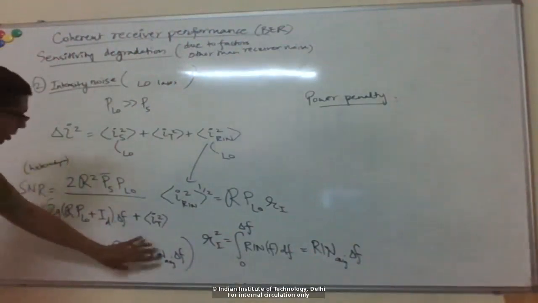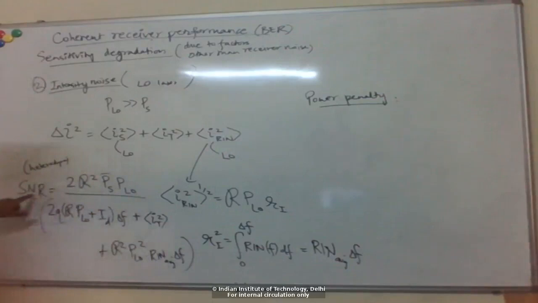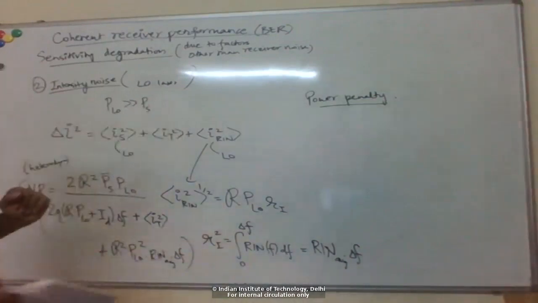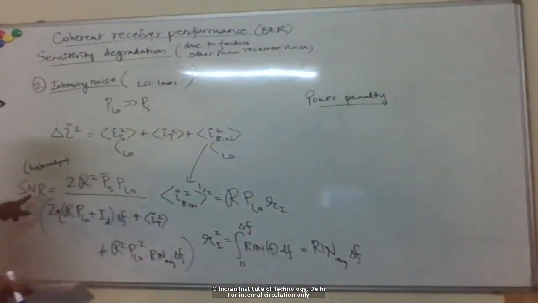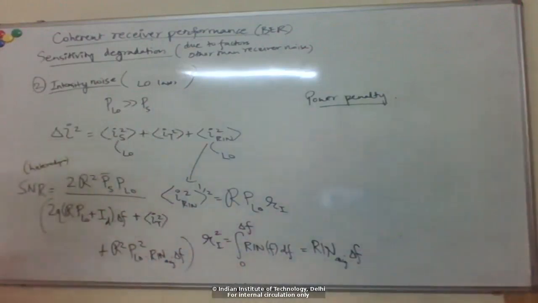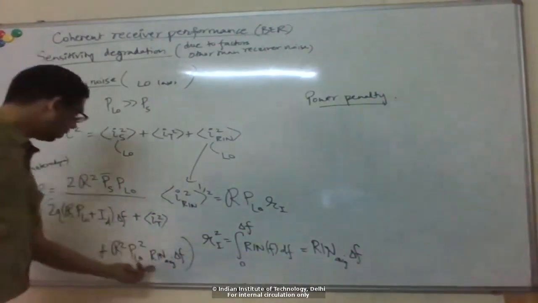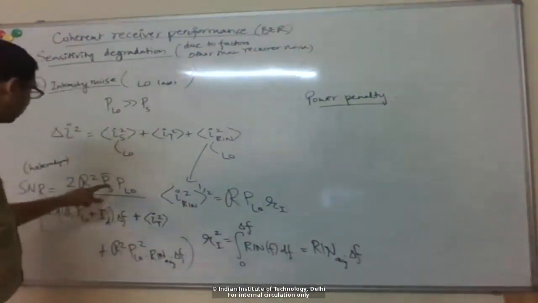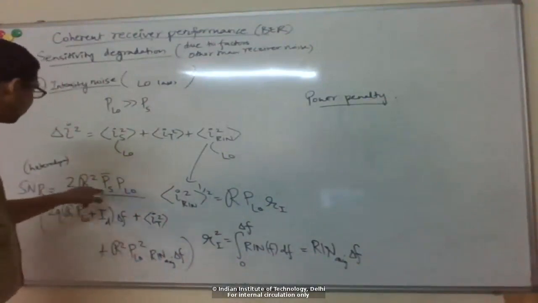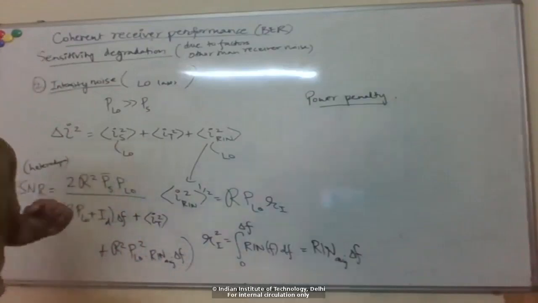Without any RIN noise, I can achieve that SNR at some particular signal power. So let's say we first fix our local oscillator power. Then we will obtain the required SNR at some particular signal power. Now, if you include RIN noise, I will require more signal power because my noise has gone in the denominator. To get the same SNR, I have to increase my signal power, right?